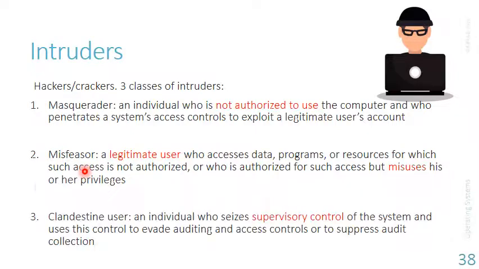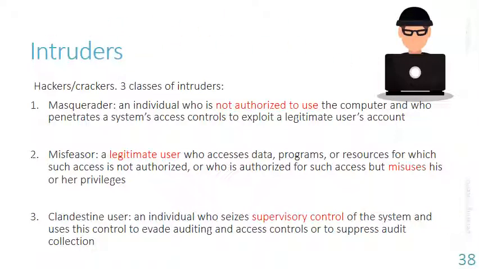And finally, a normal user or any individual will try to seize privileges, so they will have supervisory control over the system to be able to delete some files or evade auditing, or to suppress data that is needed for logging, etc. And this is what we call a clandestine user. Fair enough? So these are the human intruders.